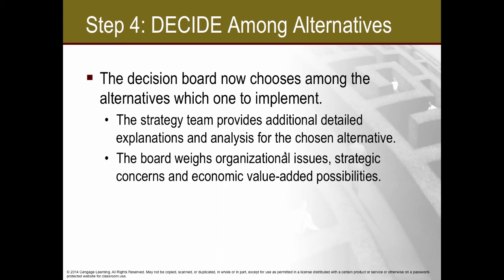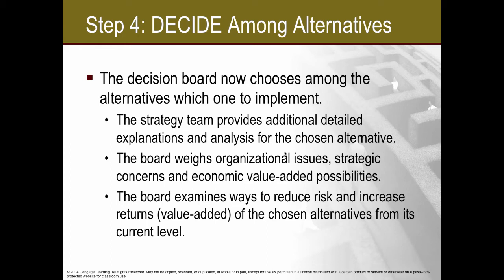They have to weigh the organizational issues, strategic concerns, and economic added value possibilities, basically to do so. The board also examines ways to reduce risk and increase the returns of the chosen alternative from the current level. So basically, they provide some sort of suggestion for the future.